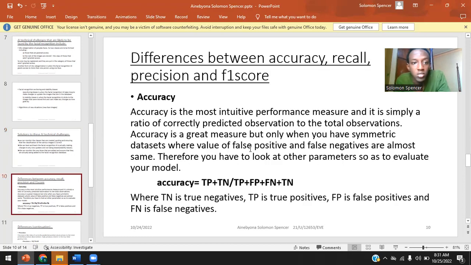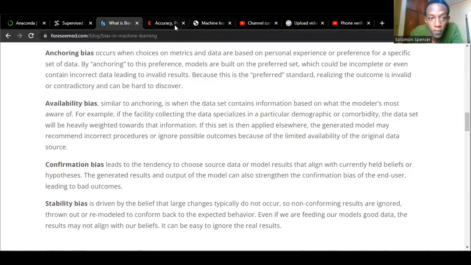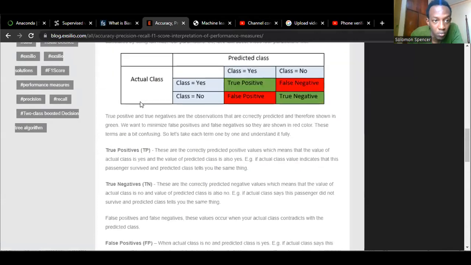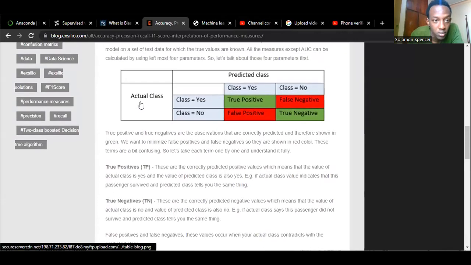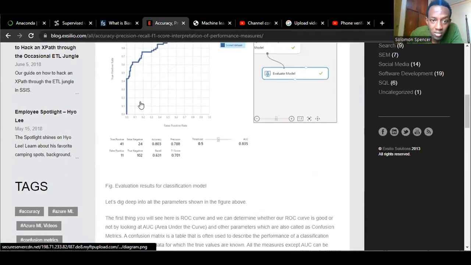So, the differences between accuracy, recall, precision, and the F1 score. Let me just talk about something very small here before we proceed. This is a website, blog.xleo something.com. Please read about these things, they are easier here.